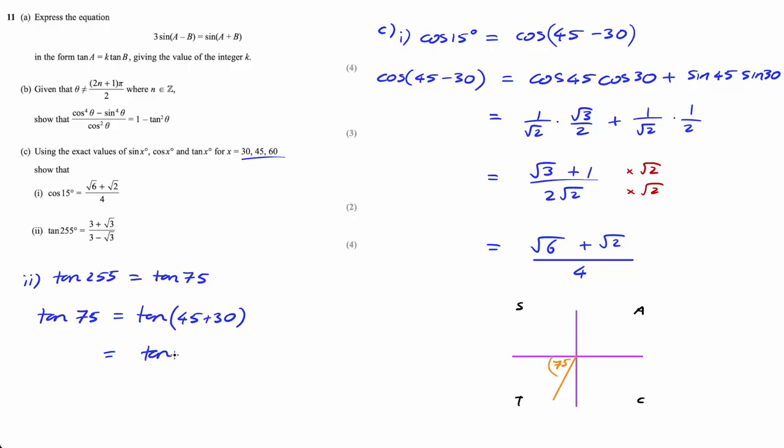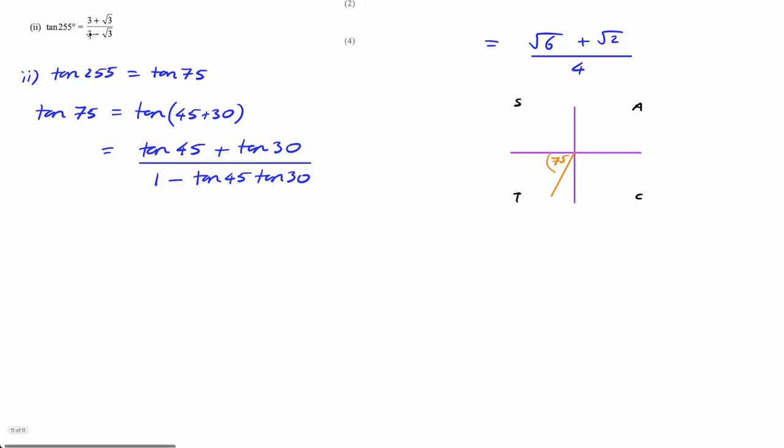So this is tan 45 plus tan 30 over, this is in the formula booklet, guys, 1 minus, is it minus? I think so, tan 45 times tan 30. Okay, and well, I know the answer, so we'll find out.